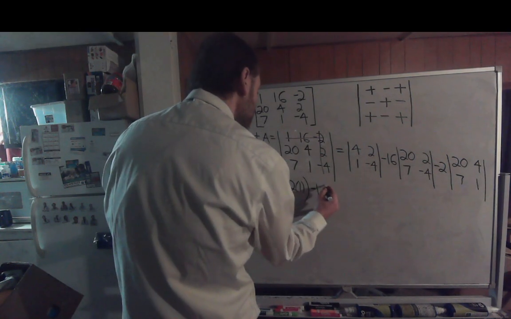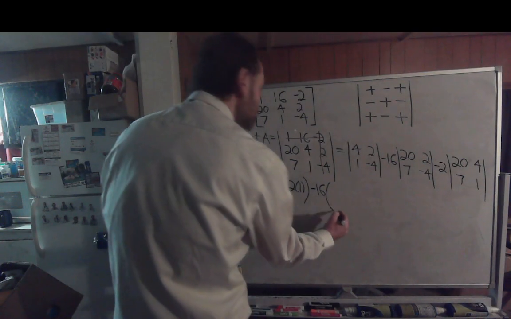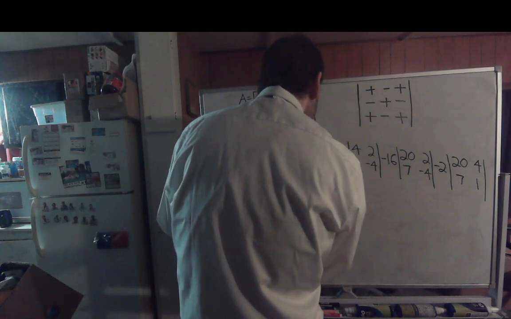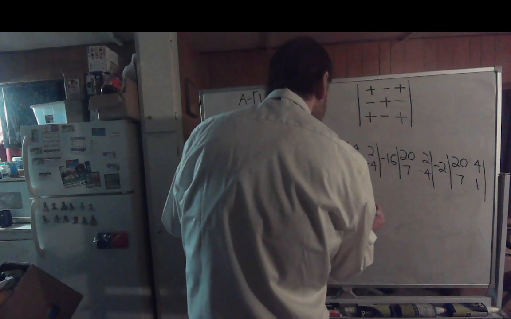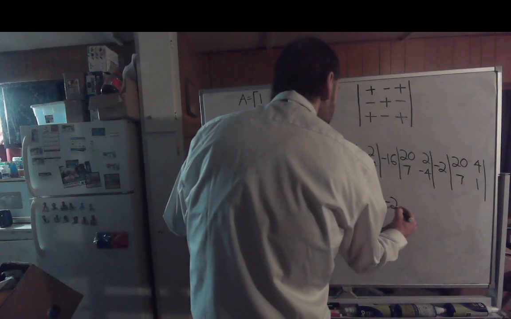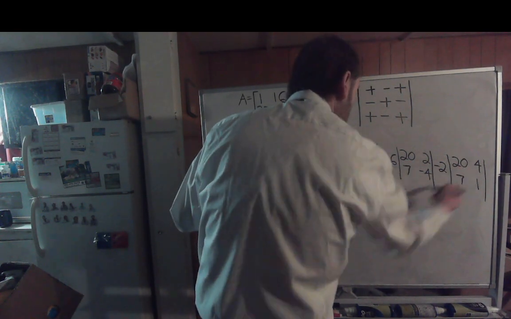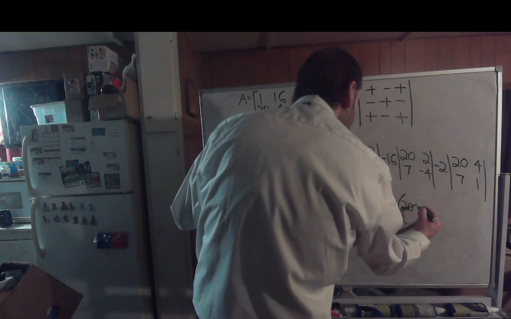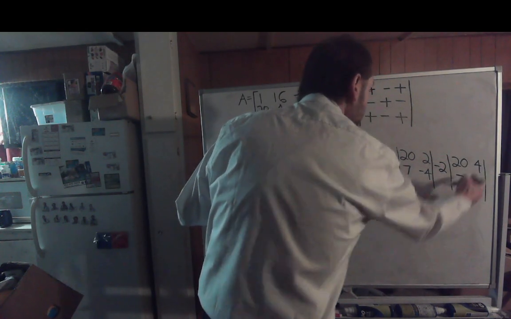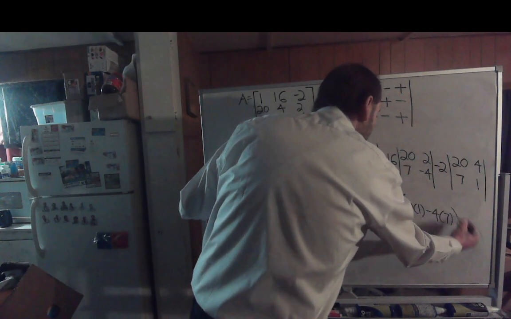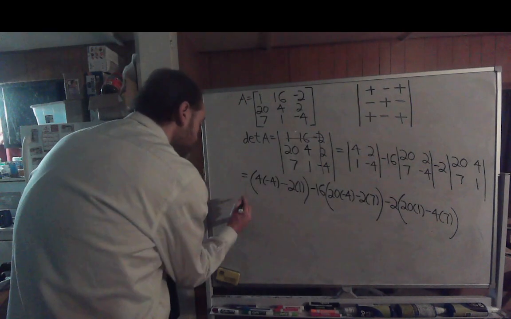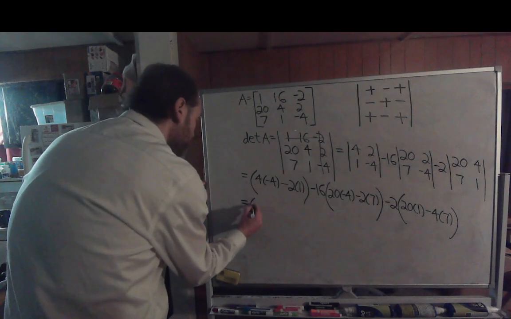Now minus 16 times this determinant, 20 times negative 4, minus 2 times 7, minus 2 times this determinant, 20 times 1, minus 4 times 7. All right, so let's work inside our parentheses here.